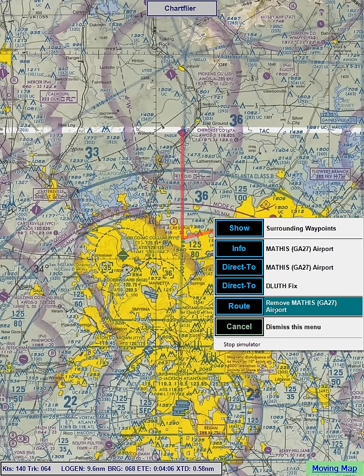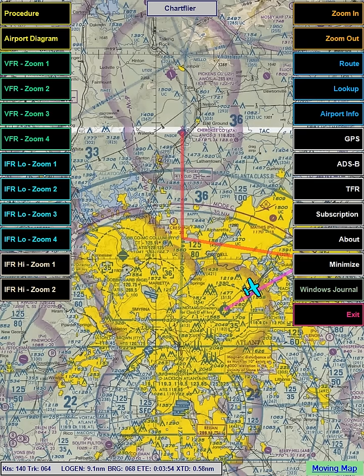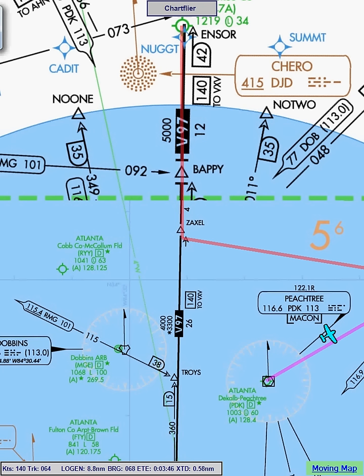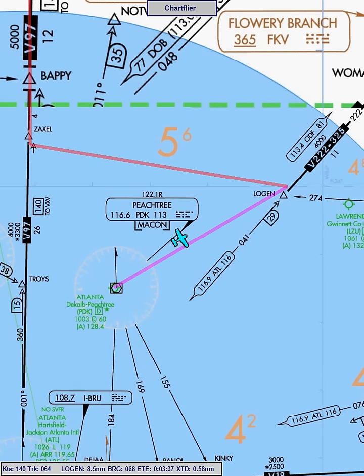Now, this is the airport we left, and what we do is we go over to route, the airport we're going to, select it, and now we can take a look at any arrival. Well, there isn't a Diffie 1 arrival. Yeah, we could look at that. If you take a look over here in the margin, it'll tell you whether the chart is current or not. And we'll get back to our map.